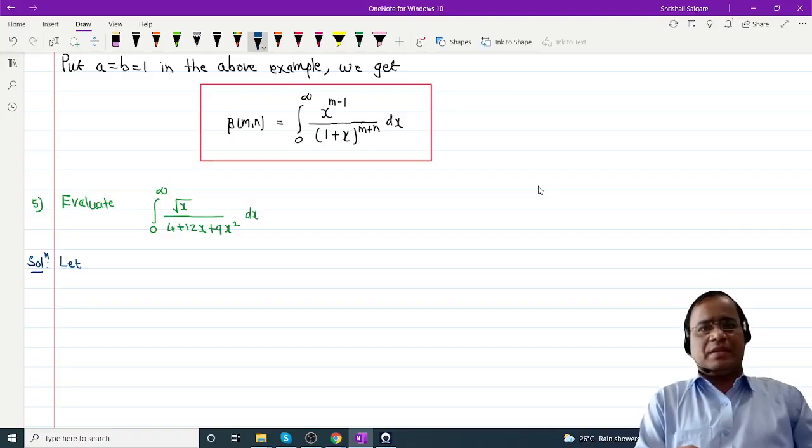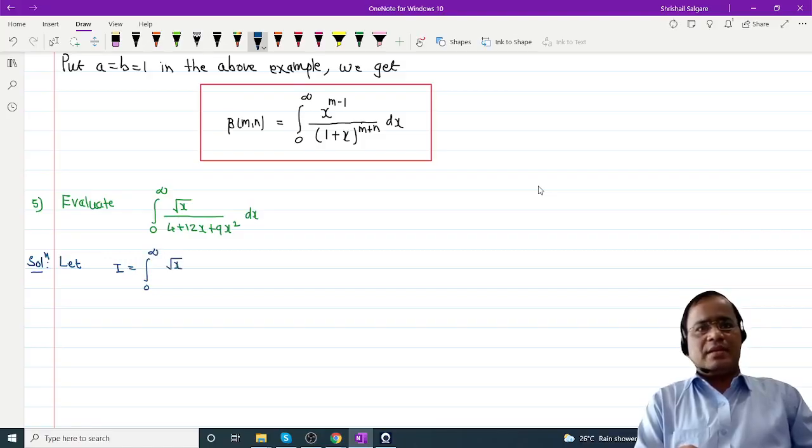Okay, same thing. First one, suppose I is equal to integral 0 to infinity. I will write it as root x divided by 4 plus 12x plus 9x square. The same thing: integral 0 to infinity, root x is nothing but x raised to 1/2.